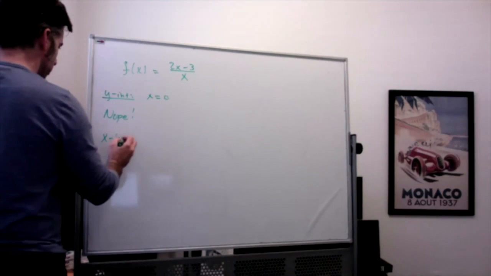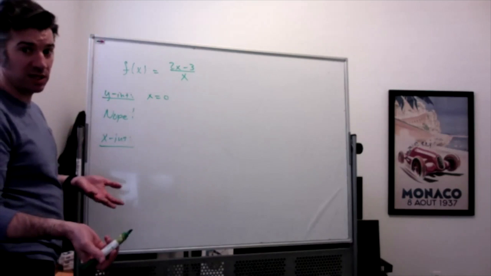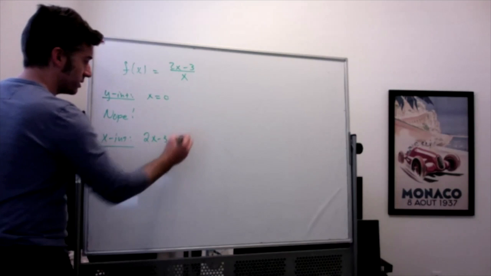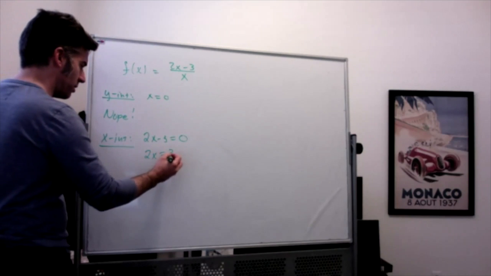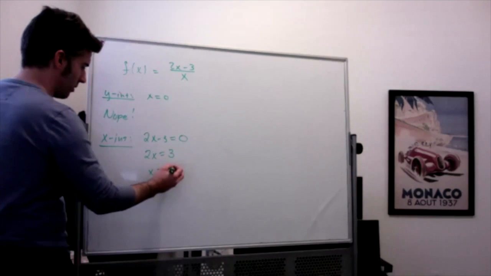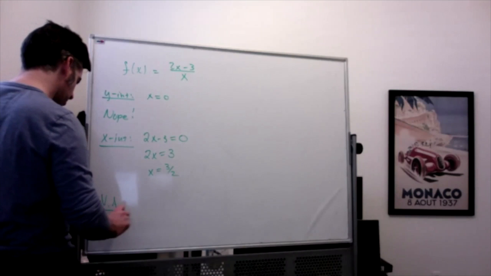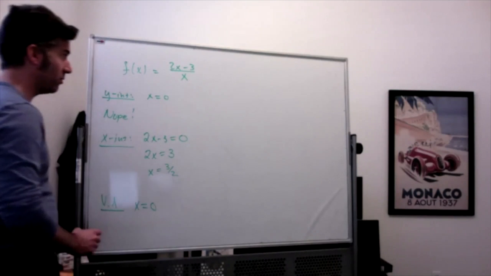x-intercept. Set the whole thing equal to 0. So again, really when you're setting a rational function equal to 0, you're just setting the top equal to 0. So then you're going to get 2x equal to 3. You're going to get x equal to 3/2. Vertical asymptote, it's going to be where the denominator is 0, which is just x equal to 0.